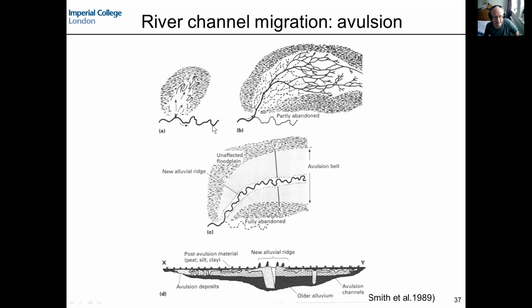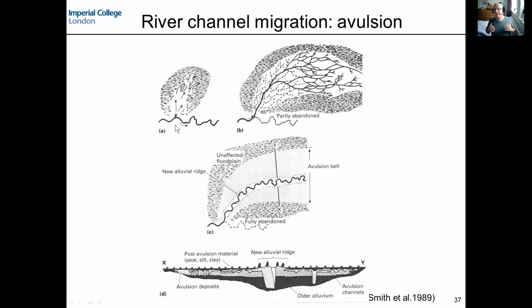It's slightly sinuous, and when that channel is in flood, we get a cutting of a crevasse channel, a small channel out of the main channel. It cuts through the levee, and then some of the sediment and water from the main channel is fed out as a crevasse splay onto the floodplain. So this would be a typical scenario when a river is in flood.